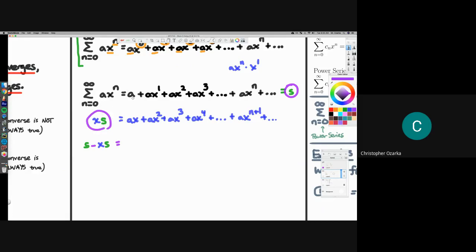This A, there's no A here, so when you subtract them, the A is just going to come down. But if you notice, this and this are going to cancel, because this is S, minus XS, so that cancels. This is going to cancel with this one. This is going to cancel. Now this is going to cancel with all the dot, dot, dot, because technically there is an AX to the fourth in there.